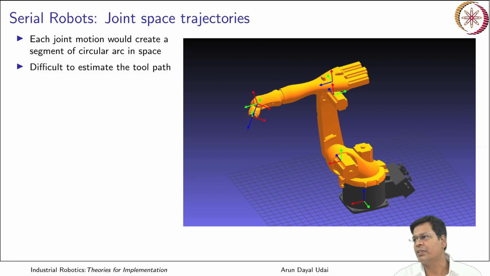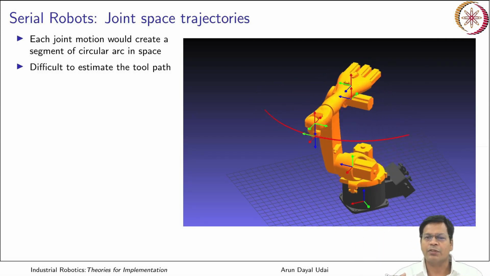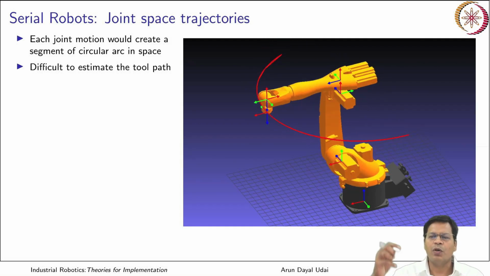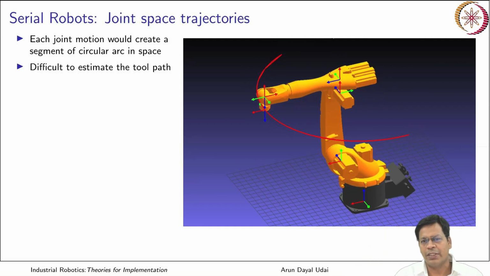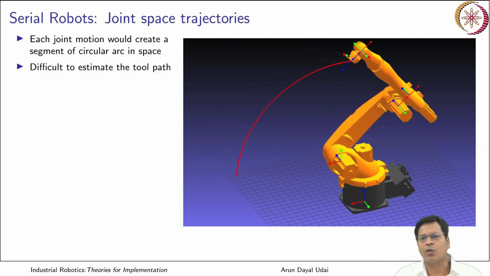But it is very difficult to estimate the robot's tool path. This is a complex robot with multiple links connected one after the other. So while moving one of the joints, you cannot estimate precisely where your robot will go. Whereas when you were moving this robot in Cartesian space, what you saw, it will go down along the z-axis. If you are just jogging it along the negative z-axis, you can clearly understand, yes, it will go down.